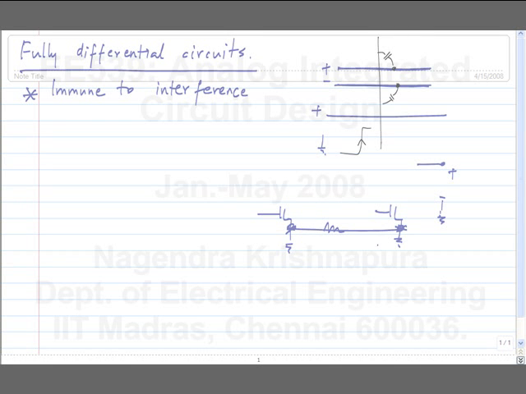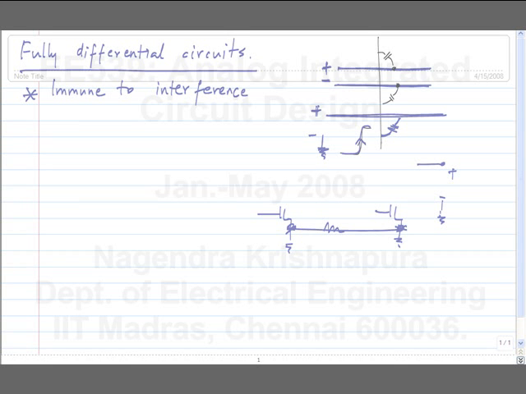Okay. So, if you have some coupling to this point, the ground potential doesn't change, right? So, the signal value will change, because it's whatever signal you are trying to impress on this wire plus whatever signal appears because of interference. Whereas in case of differential circuits, that ambiguity is not there.